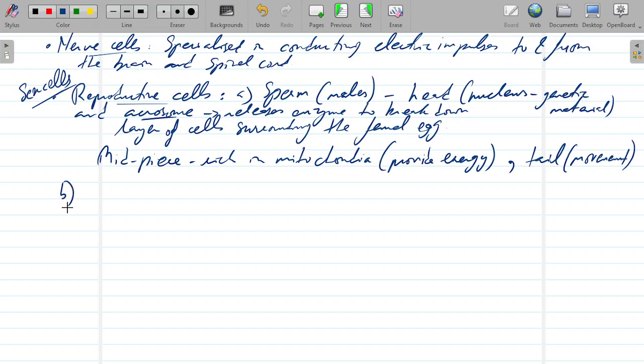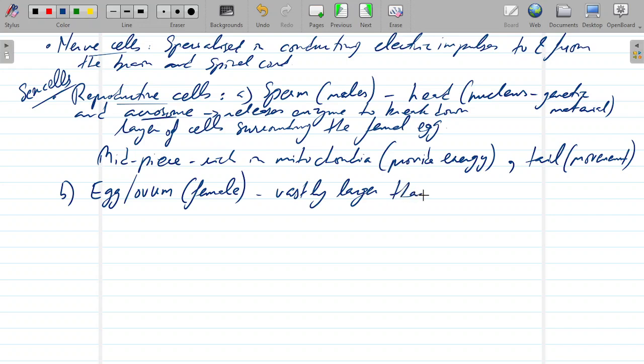Then you've got the egg cell, or the ovum, and that is the female reproductive cell or the female sex cell. They are vastly larger than the sperm.